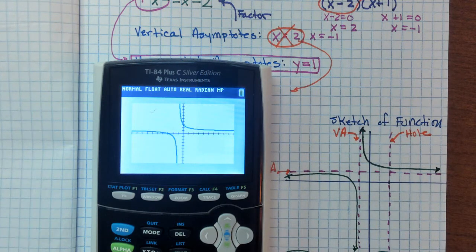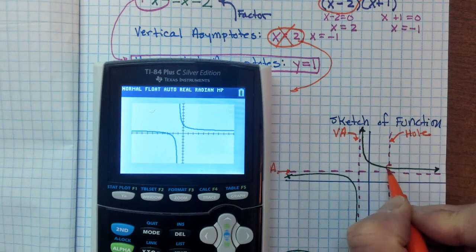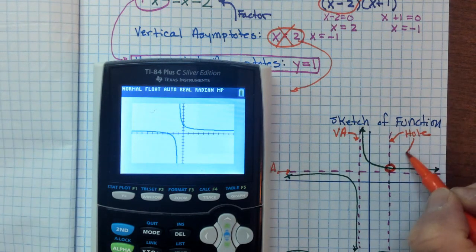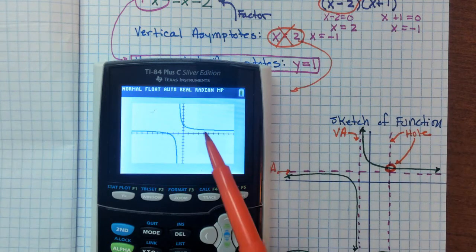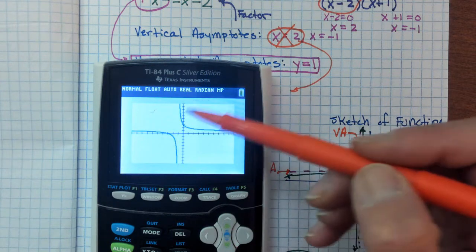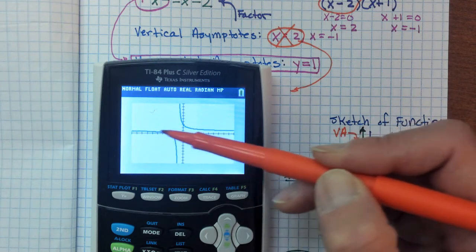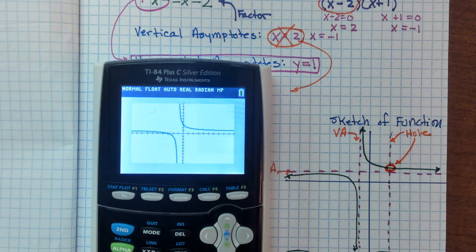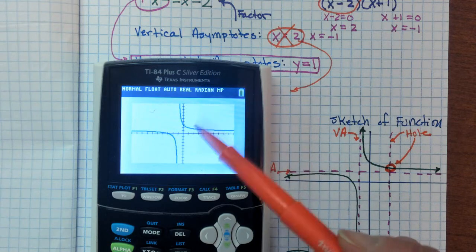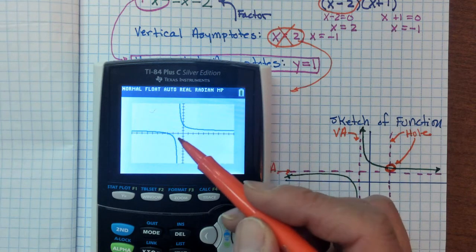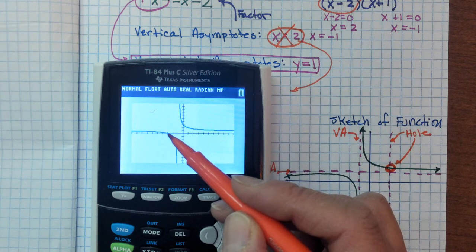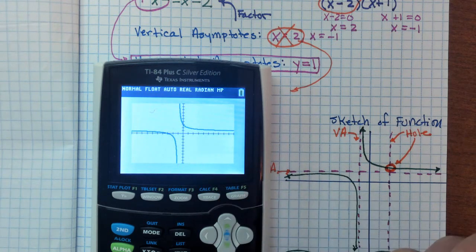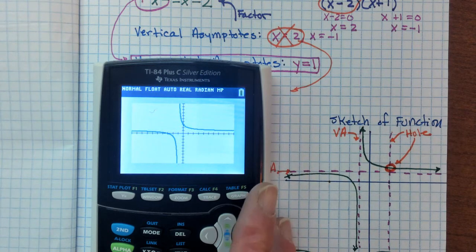To mark my hole, I'm going to put a hole here. There's a hole right there on that function. On my calculator I can't see the hole, but I can clearly see the vertical asymptote and the horizontal asymptote. And if we wanted to be accurate, it looks like there is in fact a 0 at -3. So technically this probably should have crossed right here, but it's just a sketch.